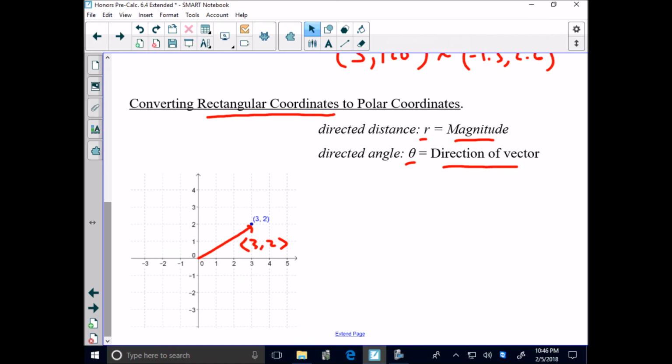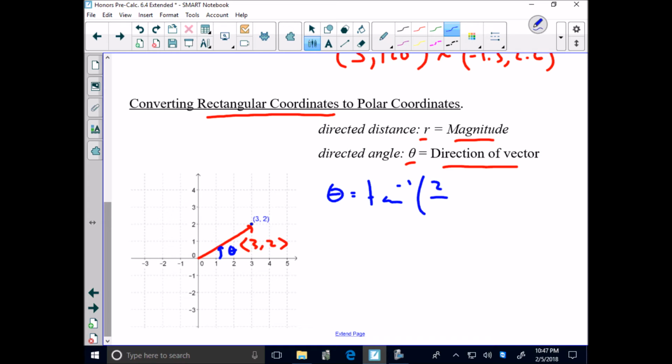Now from there, if I want to determine the direction of that vector, which would also be the directed angle, or the theta for our polar coordinates, then I would say that would be inverse tan of the vertical component 2 divided by the horizontal component 3, and that gives us approximately 33.7 degrees. So that is the theta for our ordered pair with our polar coordinates.